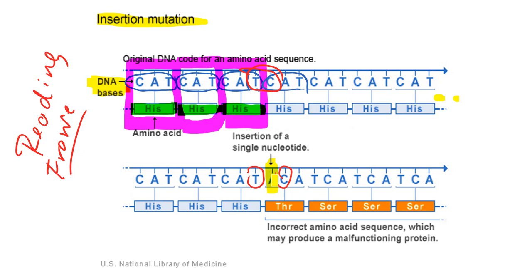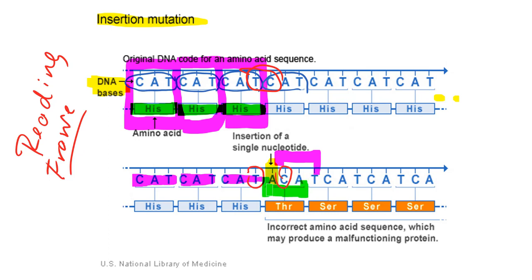So what happens to our reading frame in this case? Remember, look at that reading frame here, 3 by 3, and our normal reading frame would have been this here, and then this one right there after. However, we added a new base there, so the new reading frame reads like this: ACA.